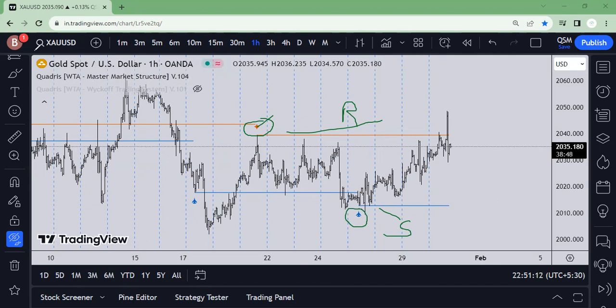So what do these levels mean? These are the most precise levels to be drawn in the market for future trading.